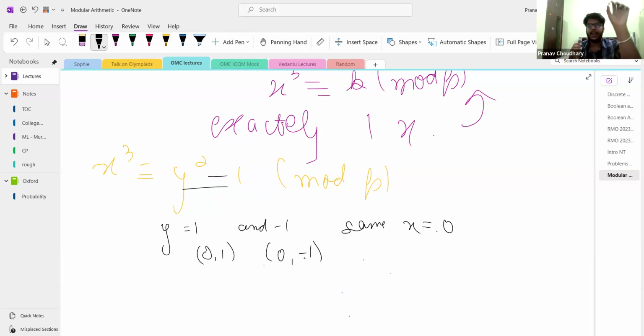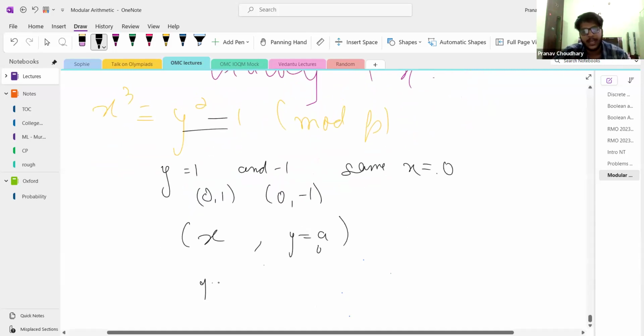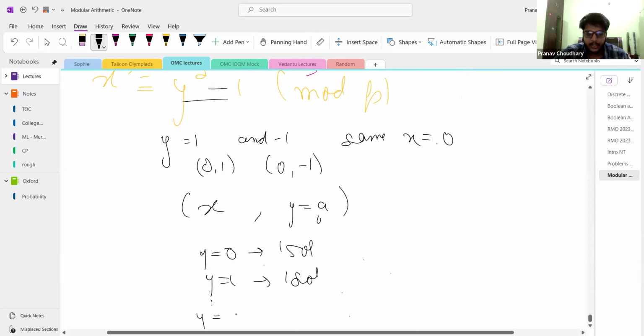I am saying that for any y I take, I'll get one solution. Let's say I take y equals a here, and for that I'll get some x as my solution. So now y can be 0: for y equals 0, I'll get one solution. For y equals 1, I'll get another solution, and so on. For y equals minus 1 as well, like p minus 1, I'll get one more solution, right?